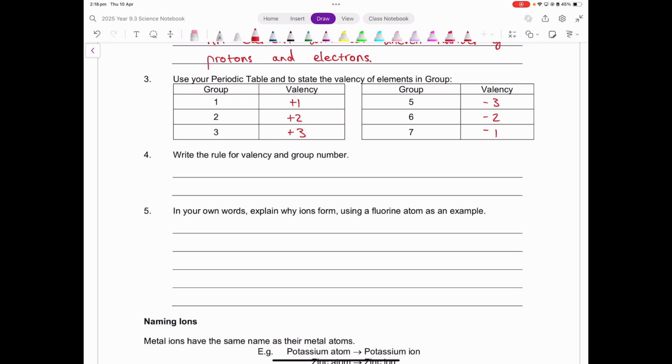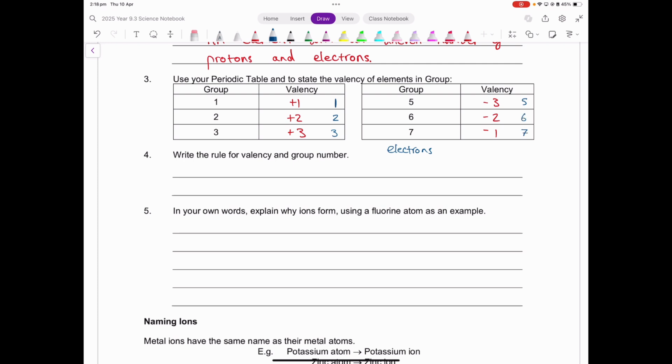Now, when we write the rule for valency in group number, it's important to recognize this. In group 1, how many valence electrons are there? 1. So I'm going to write the number of electrons here. In group 2, there are 2 electrons. In group 3, there are 3 electrons. In group 5, there are 5 valence electrons. In group 6, there are 6. And in group 7, there are 7.